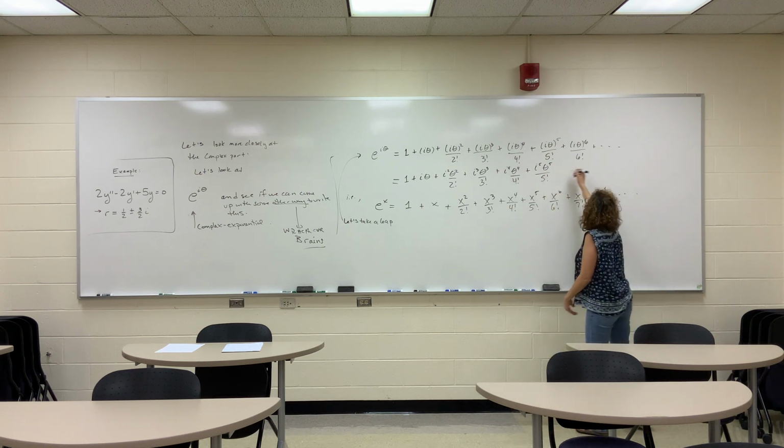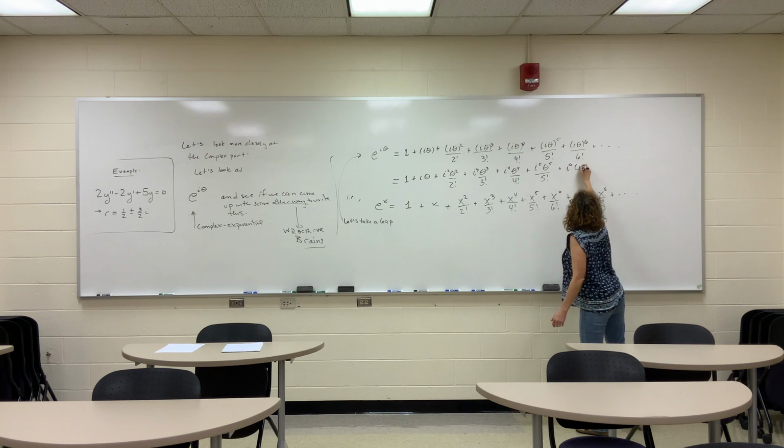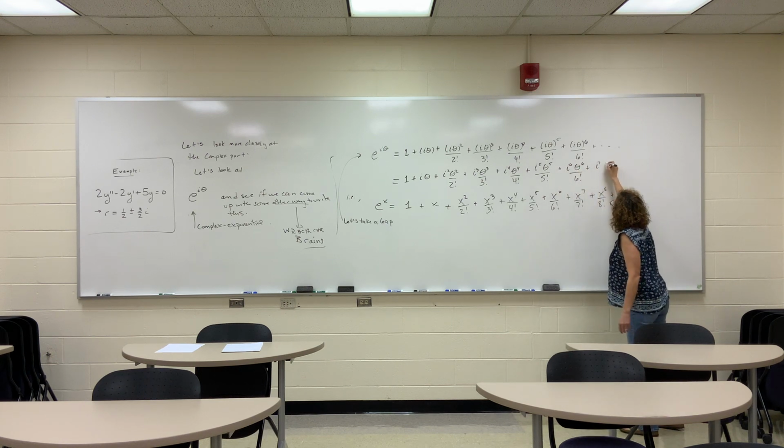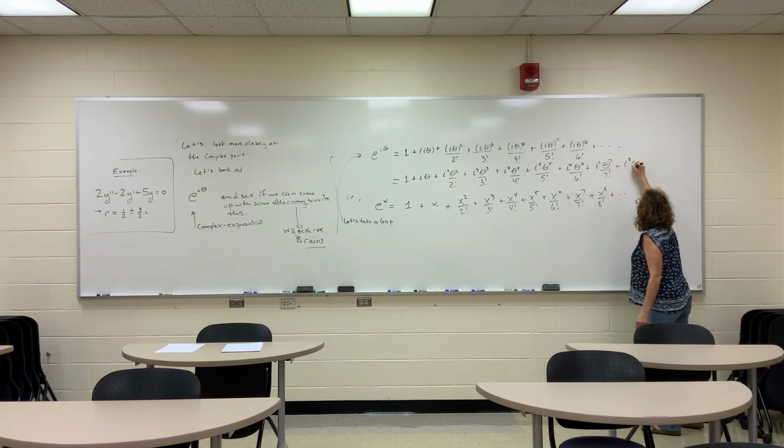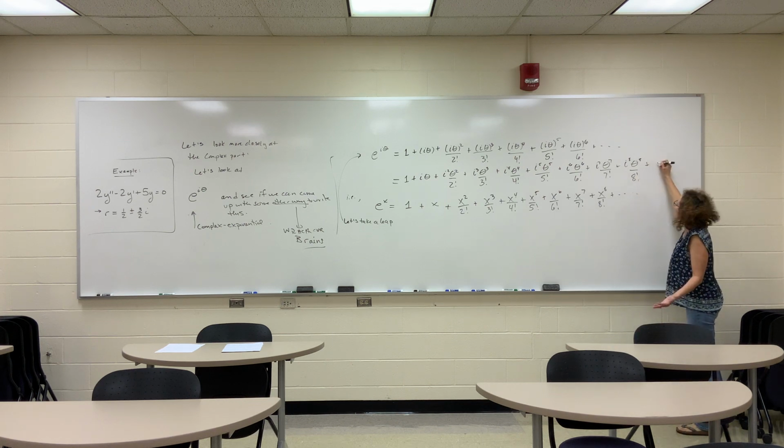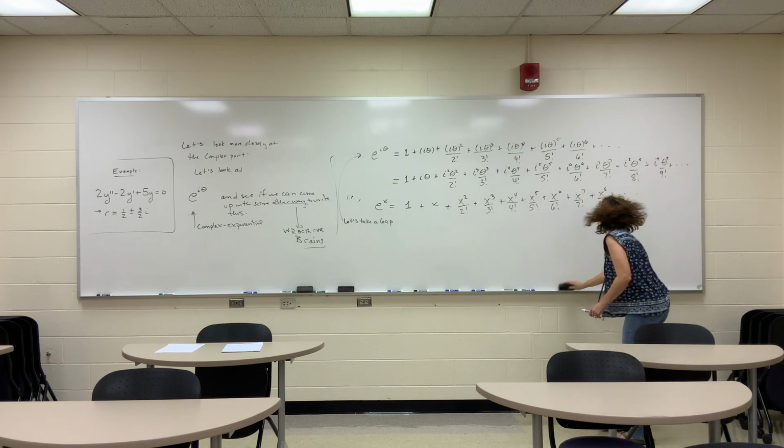Let's write out a few more. i to the 7th, theta to the 7th. i to the 8th, theta to the 8th. The next term will be i to the 9th, theta to the 9th, and then we are going to run out of room, so we'll say dot, dot, dot.